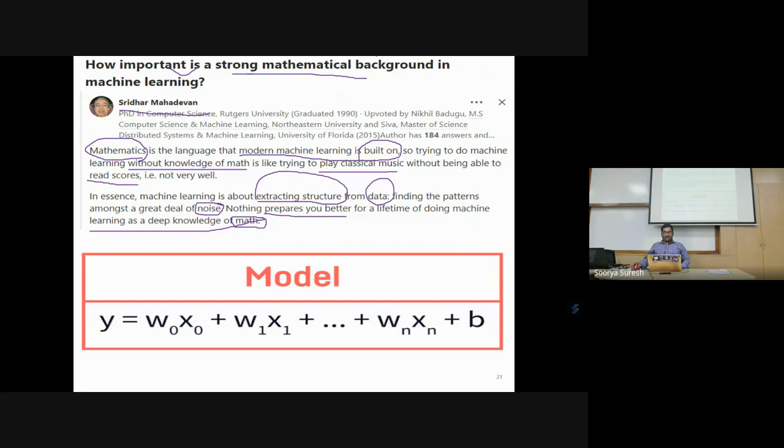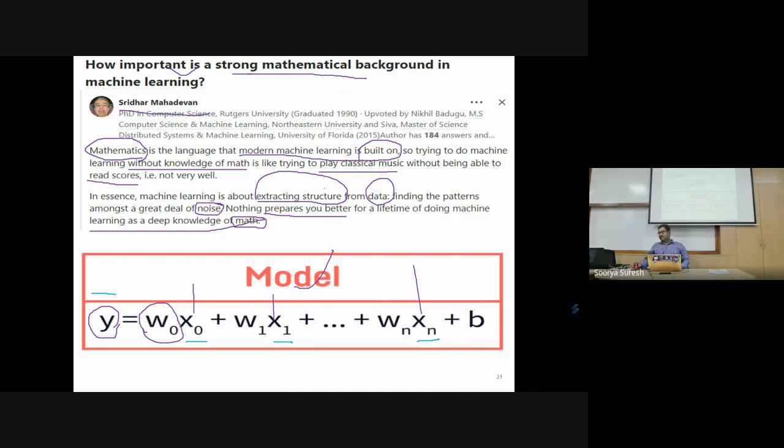Okay, model ultimately means a set of mathematical equations. This is an equation. This y is the predicted value, and these x are the data points. The data points are given to us, and y is also given during the learning phase. And we have to come up with this equation.